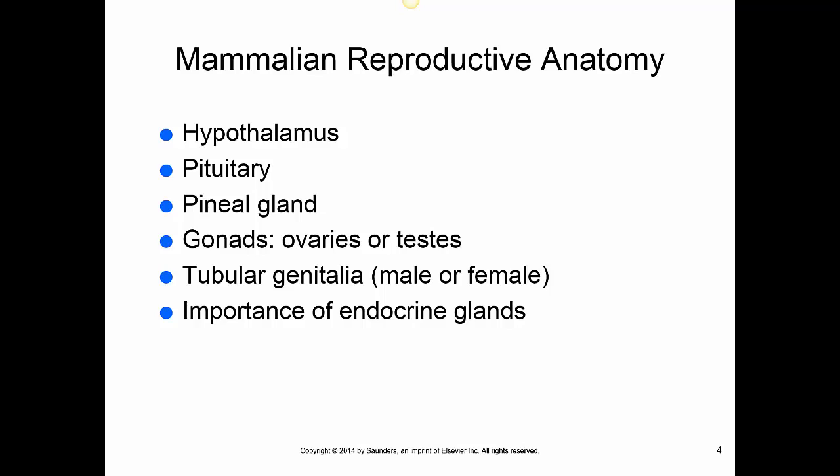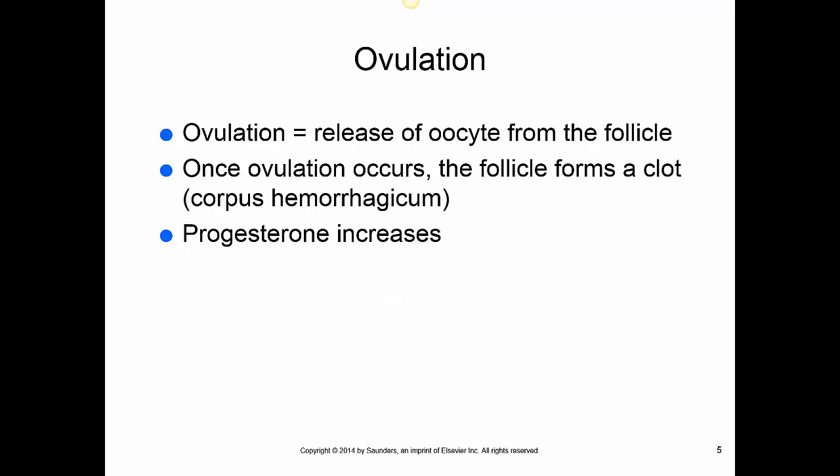And also endocrine glands do play an important role a lot of times in actually not only helping the animal to come into estrus and become pregnant and the males to actually produce sperm, but they play a large role also in determining when to terminate the pregnancy, whether that's a natural end or if it's a premature one such as abortion.